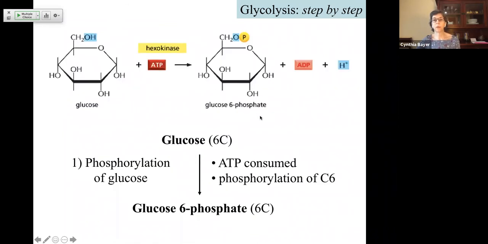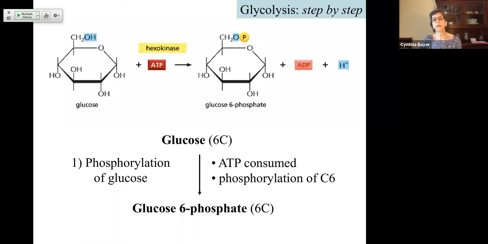Right, that's step 1. The other important feature of this first step, remember how glucose can diffuse across the membrane, right? Glucose can bind to a glucose carrier protein and be transported across the membrane, but it can be transported in either direction, down its concentration gradient, from outside to inside, or even inside to outside. But once glucose has been phosphorylated, if we remember, a phosphate group has 2 negative charges on it.